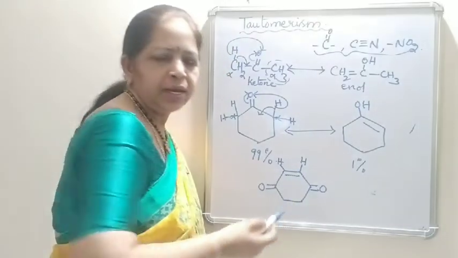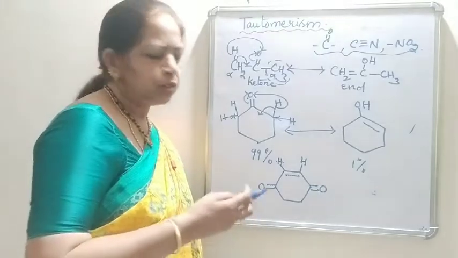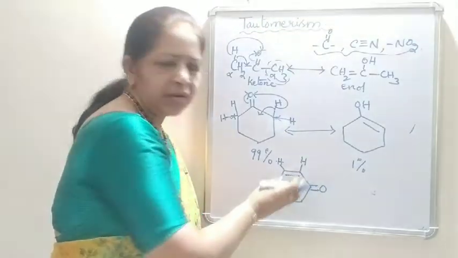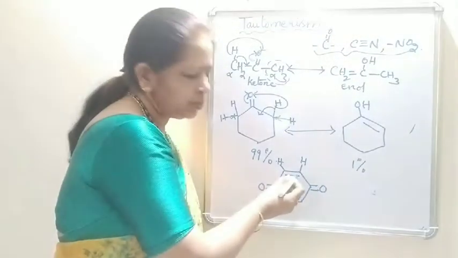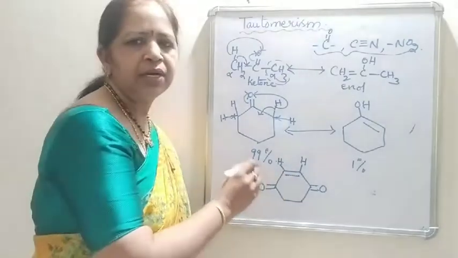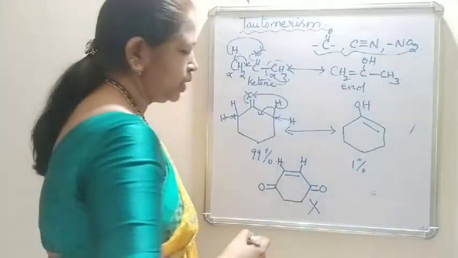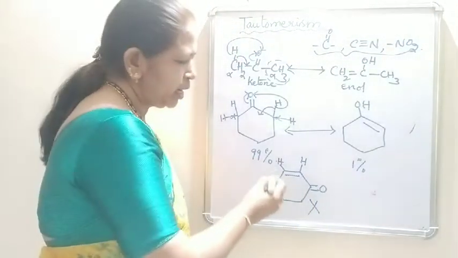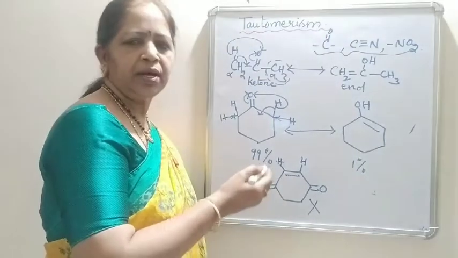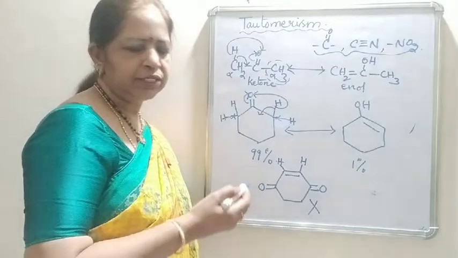This double bonded carbon is sp2 carbon, which is more electronegative. So the proton is more attracted towards this sp2 carbon. So there is no enol form for this kind of compounds. The double bonded hydrogen, if it is an alpha hydrogen also, will not give the enol structure.